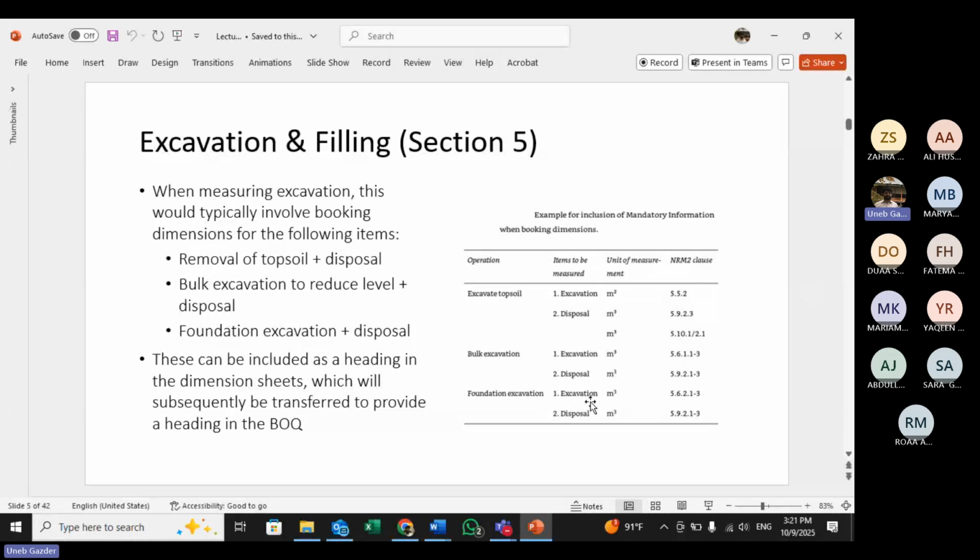Both of them are the same edition, but they change the arrangement. But the section numbers are, I believe, still the same. In the new or the old one, this is still section 5. And obviously the units of measurement have not changed. Excavation is measured in cubic meters. Disposal is also measured in cubic meters in all cases. So there is no change here.